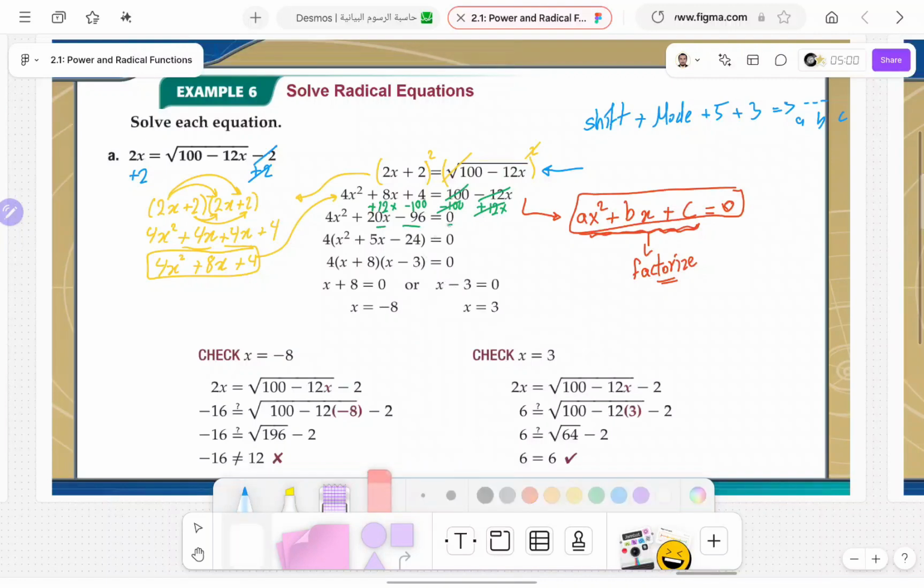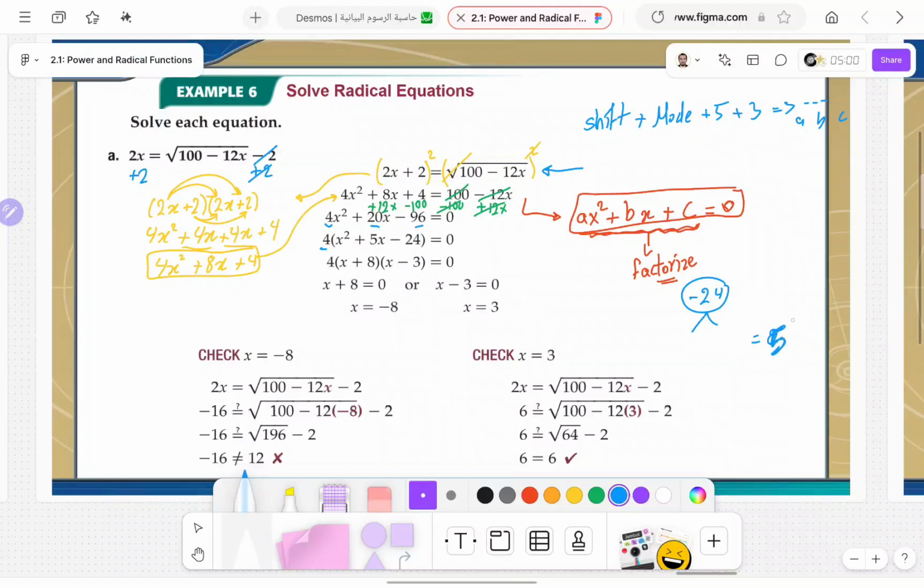As you can see, first try to find a common factor between 4, 20 and 96. So 4 is a common factor. If I take 4 as a common factor, I will take 4 out. So 4x squared divided by 4 is x squared. 20x divided by 4 is equal to 5x. Negative 96 divided by 4 is negative 24. Now find the factors of negative 24 that will give me 5.